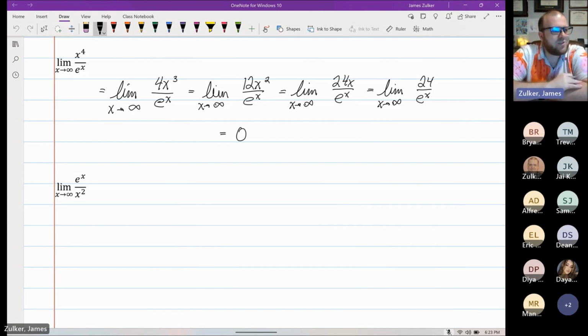Right, e to the x over x squared, that limit is infinity over infinity, L'Hopital form.